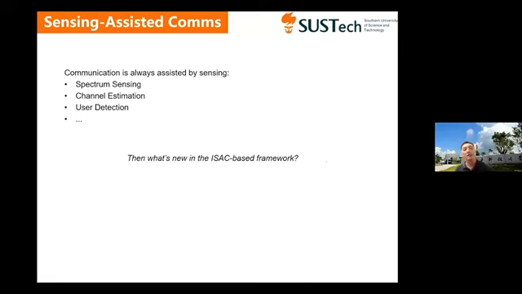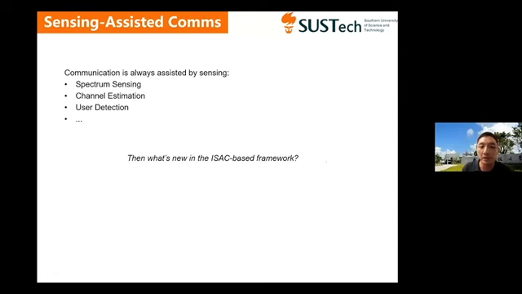Okay, then finally, I would like to talk about some topics on sensing assisted communication. So actually, communication is always assisted by sensing. I assume that most of us are from the communication background. Then we know that we have spectrum sensing, we have channel estimation, we have multi-user detection, and these are all based on the sensing technique.